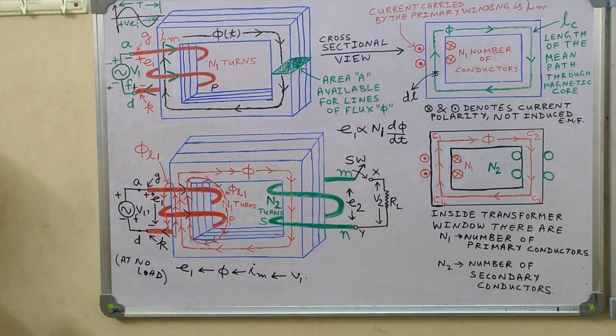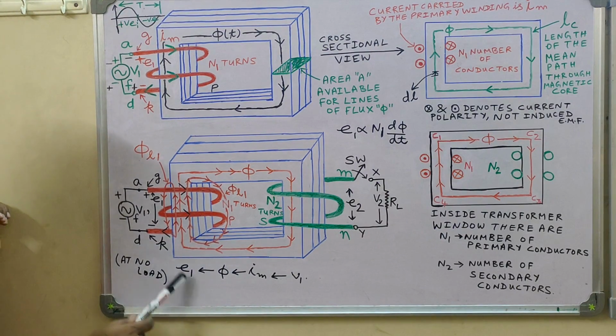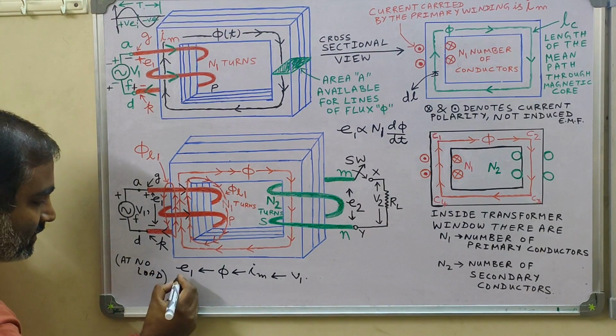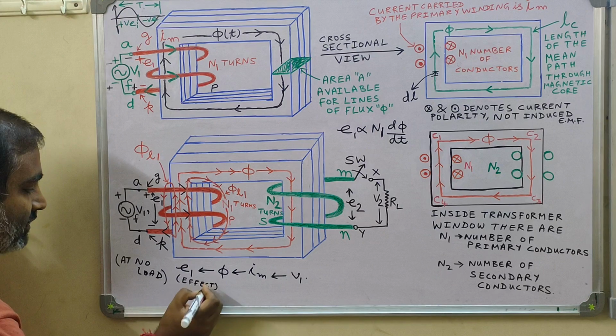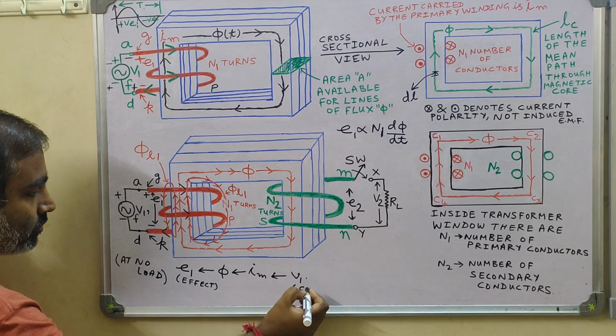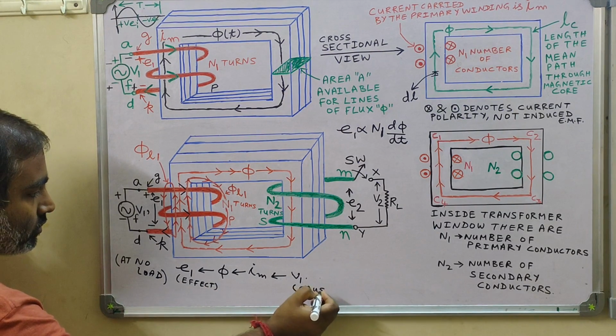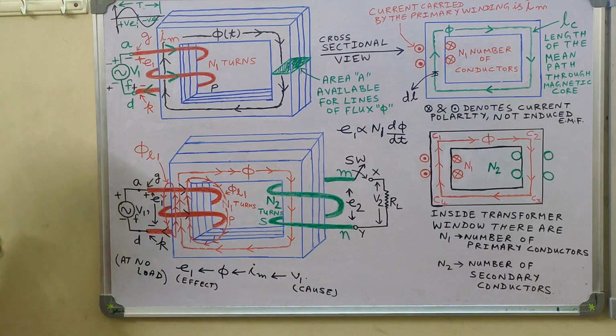So you have found out the chain which relates the effect and cause. This is the effect which is coming at last, and this is the cause. So this is the cause and effect sequence.